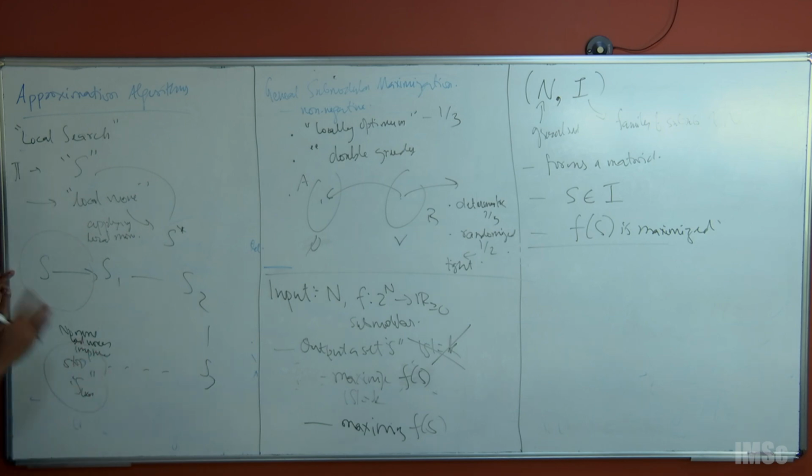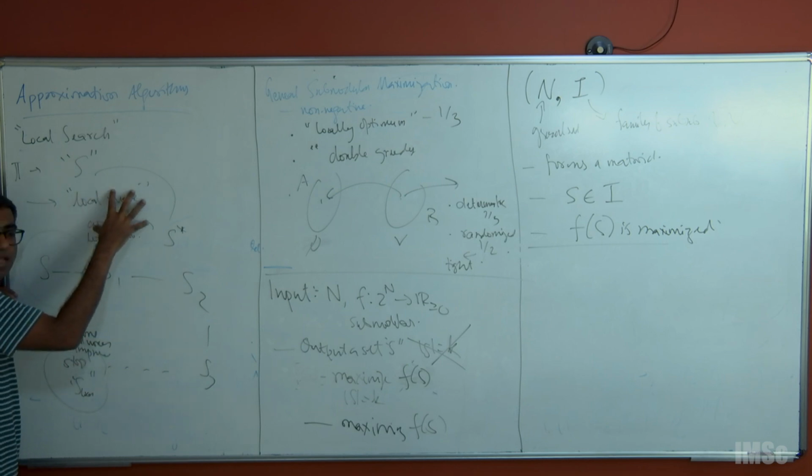Okay? And then we will try to prove why it is the case that my local moves are not able to improve this solution, and use that to prove a certain guarantee on the approximation algorithm. Is that fine? This is the structure of all the arguments that we are going to make for the next 2-3 weeks. We will start with an arbitrary solution, define a notion of local move, and change my solution by applying these local moves.